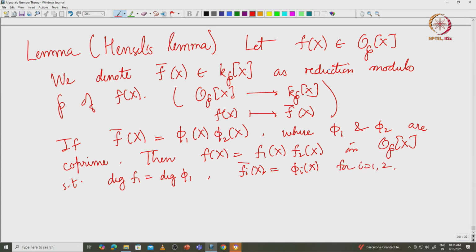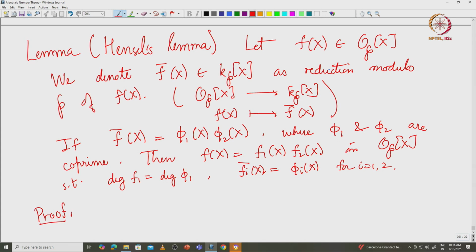So, that is the statement of Hensel's lemma that we are going to prove. If you apply this with phi 1 equal to x minus the root mod p, then you get a root in O_p of the polynomial f of x. So that is how you apply this to find a root.